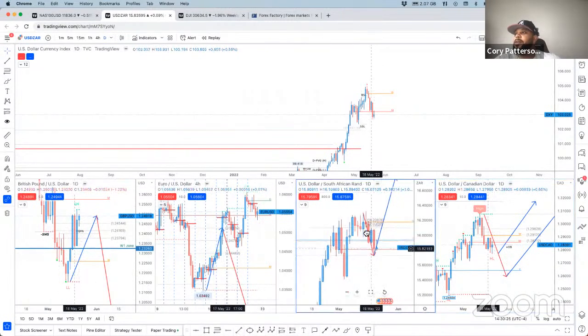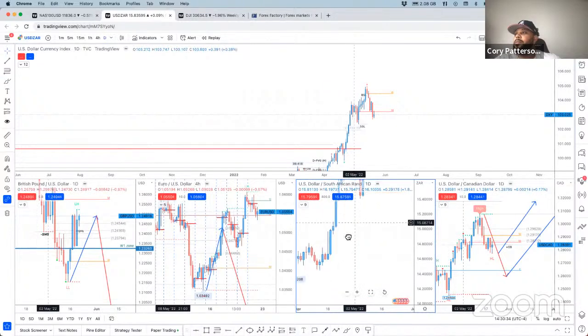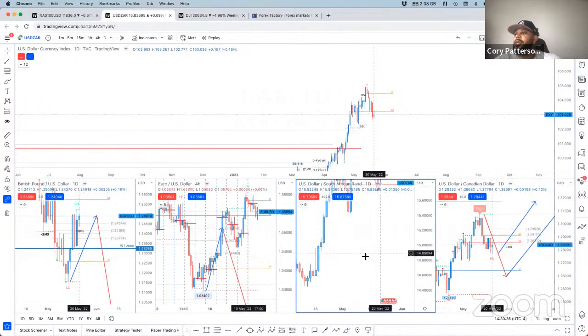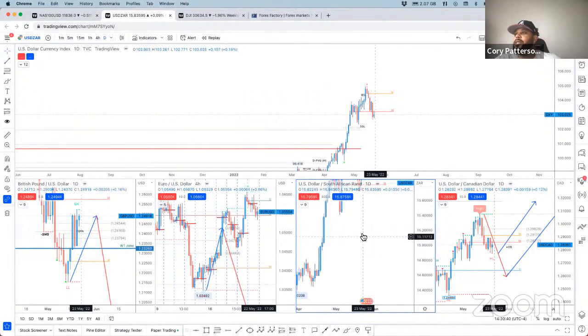And if ZAR keeps falling and we trade below this order block, we got an imbalance right here that we could go to. And yeah, that looks like the most recent thing, this imbalance right here.